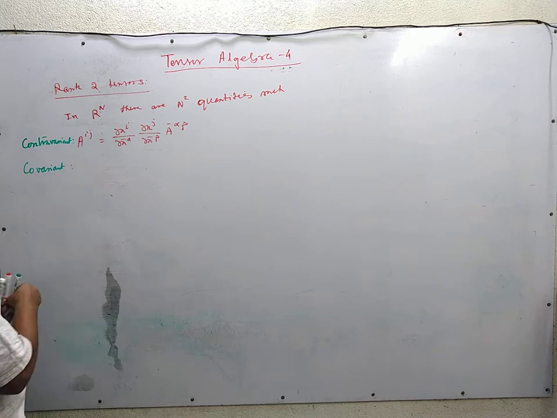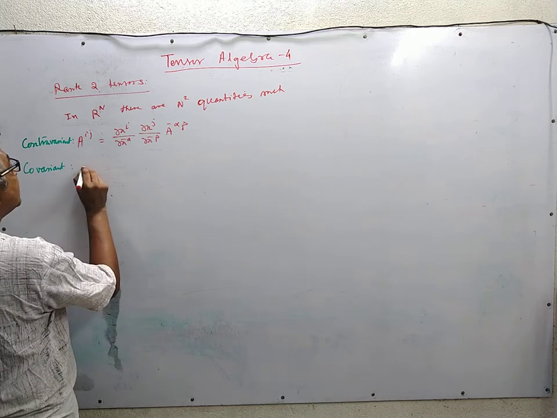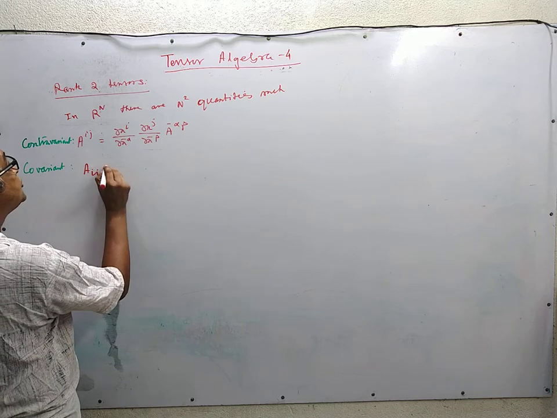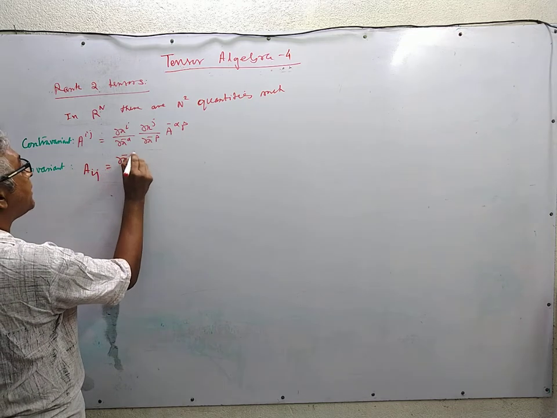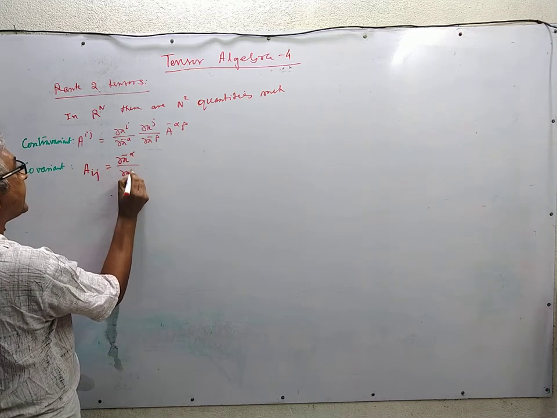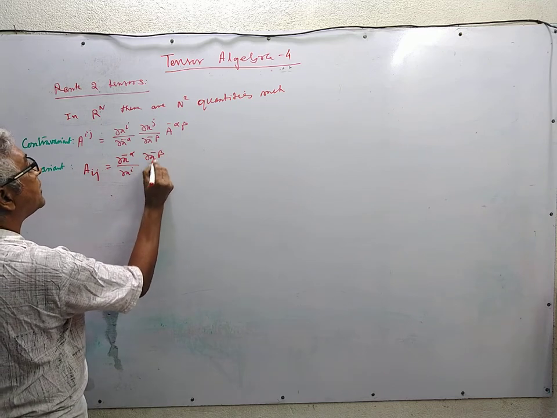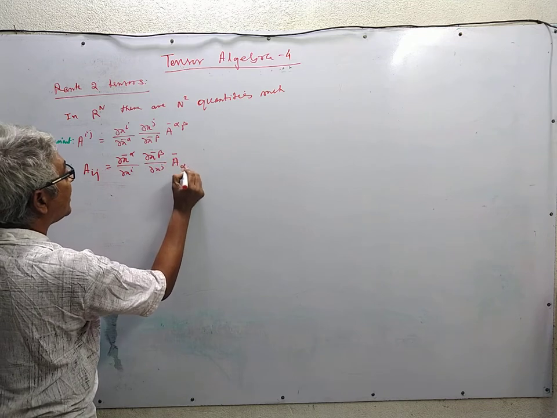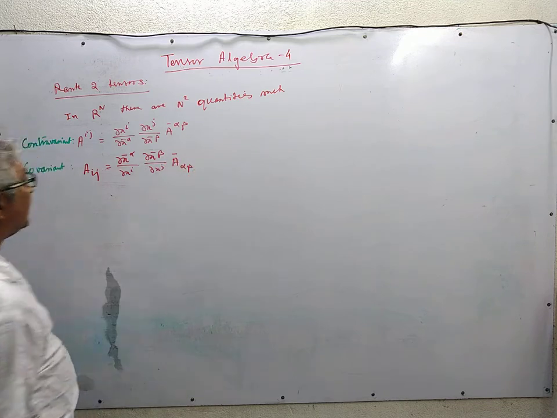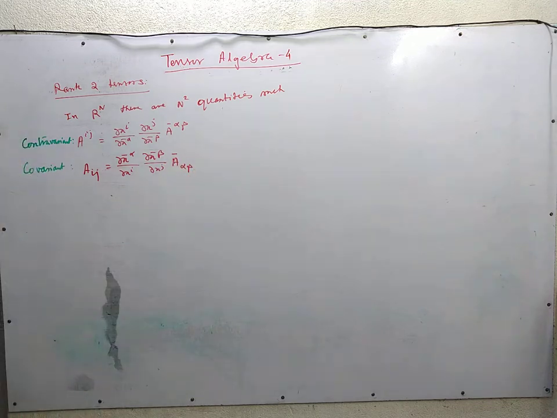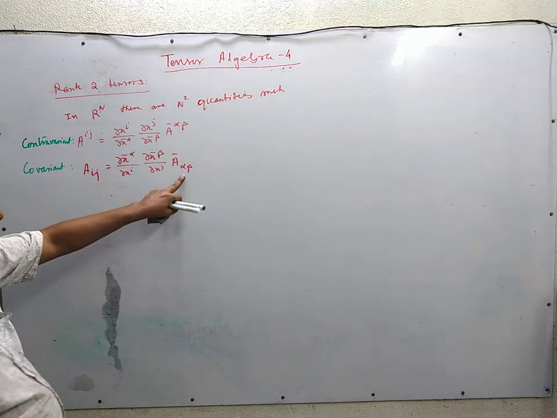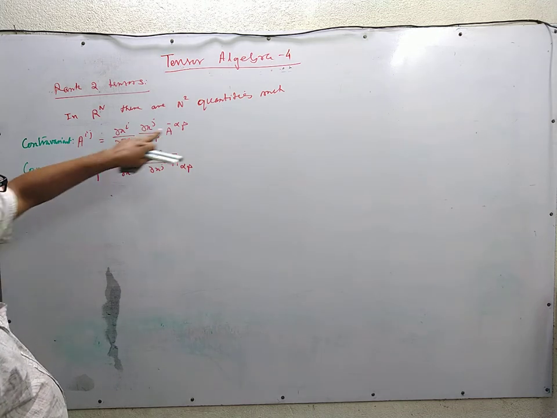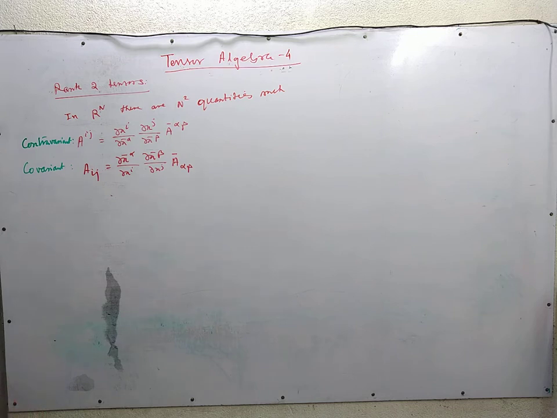Then covariant tensor of rank 2 is defined as Aij is equal to del x bar alpha, del xi, del x bar beta, del xj, a bar alpha beta. Note that the covariant component is written as subscript and contravariant component is written as superscript.